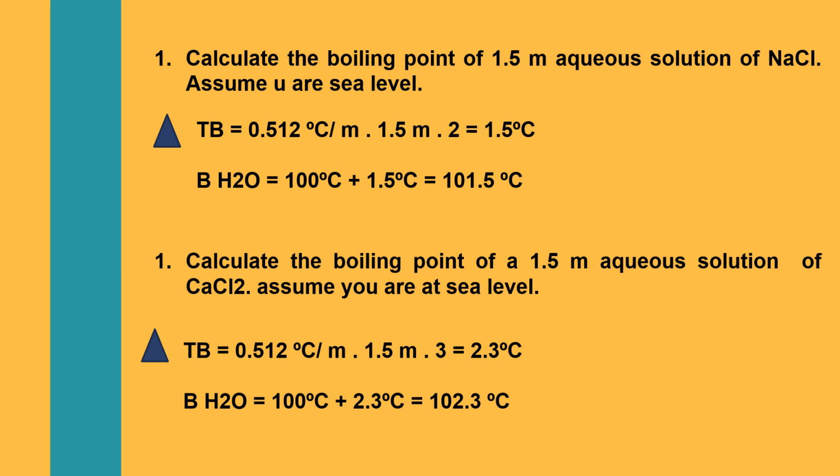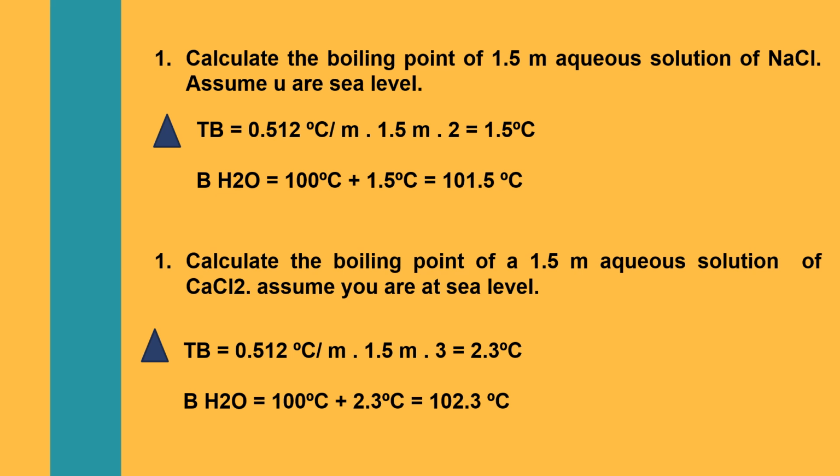We take the boiling point constant of water, 0.512 degrees Celsius per molal, where the lowercase m stands for molality. We then multiply this by the molality of the solution, which is right here: 1.5 m. And last but not least, we multiply by the van't Hoff factor.